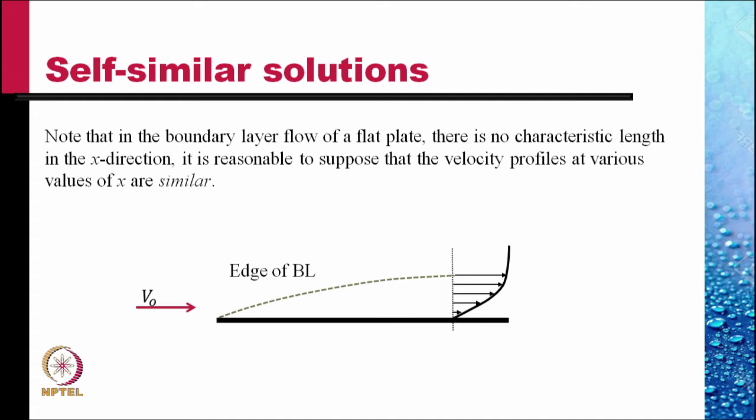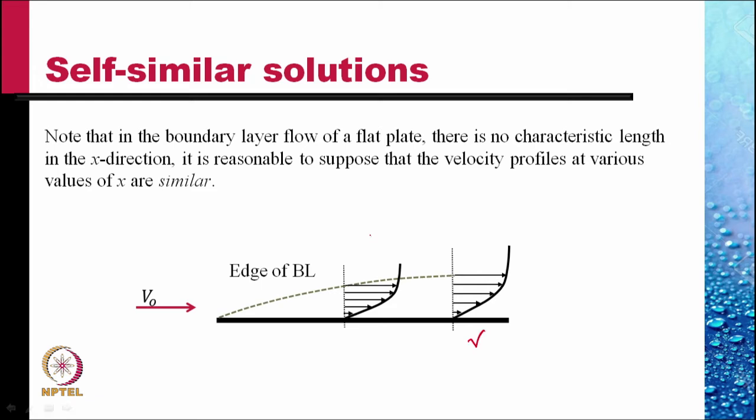Profile at one x is similar to profile at another x. So in this picture, velocity profile at another x can be obtained by simply scaling the velocity profile at the first value of x.